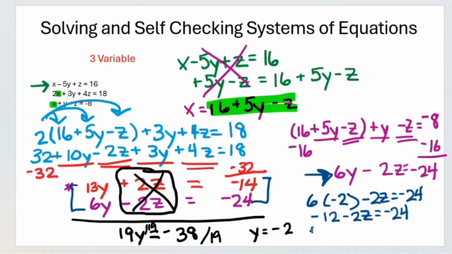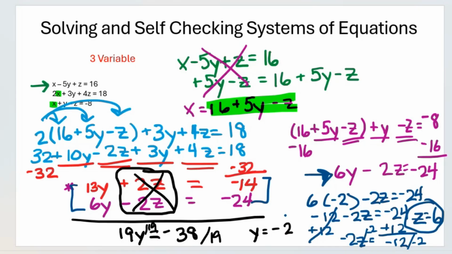I'm going to add 12 to both sides, because that's the inverse of minus 12. Negative 24 and 12 is negative 12. Remember to bring that sign down, negative 2z. You always take that sign with it. We're going to divide by negative 2 on both sides. And I now know that z equals 6.